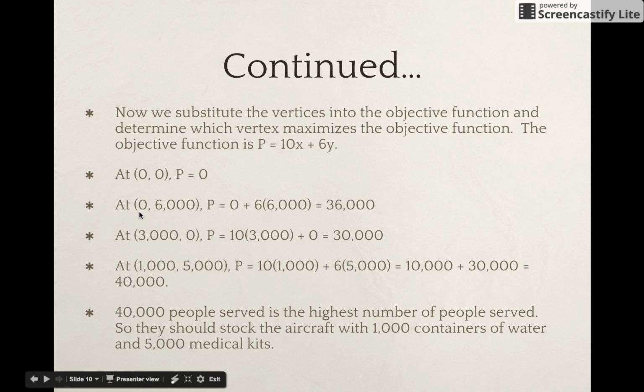If you bring no containers of water and 6,000 medical kits, then you're going to serve 36,000 people. If you bring 3,000 containers of water and no medical kits, then you're going to serve 30,000 people. If you bring 1,000 containers of water and 5,000 medical kits, you'll serve 40,000 people.